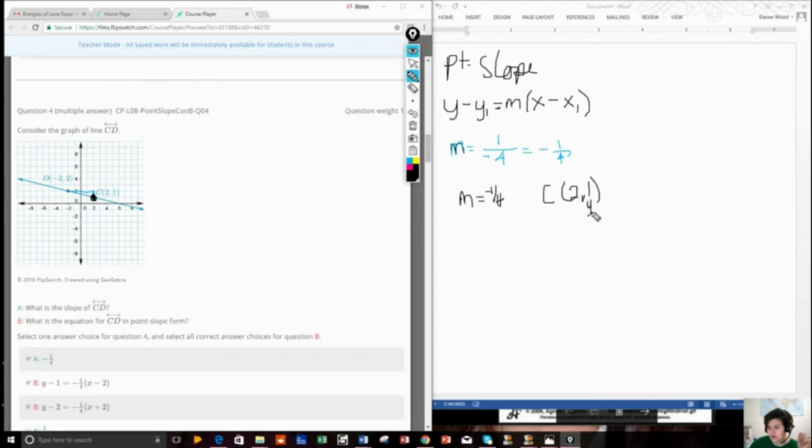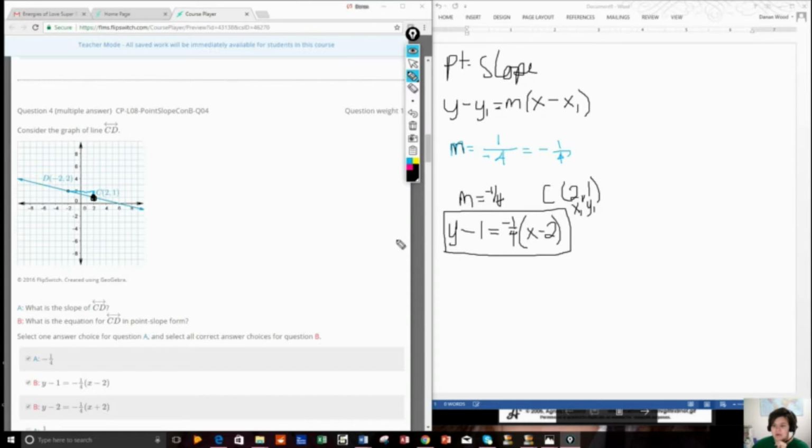Alright, the 1 is our y1 and the 2 is our x1. So the equation would be y minus our y1, which is 1, equal to m, which is negative 1/4, times x minus x1, which is 2. Okay, so there is one equation in point slope form.